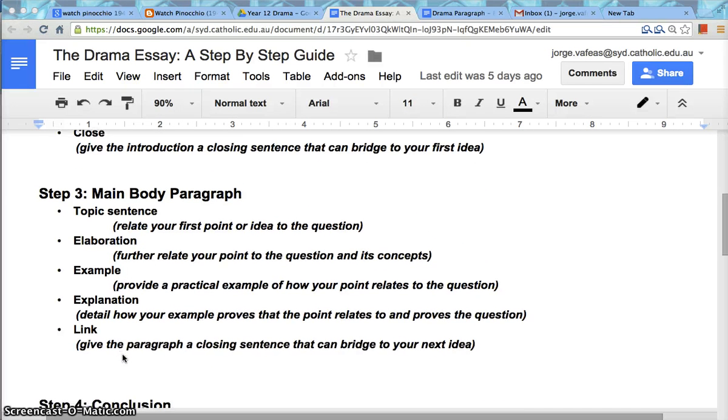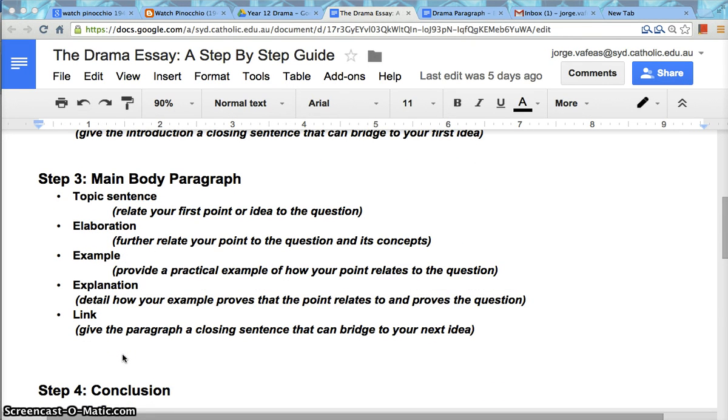Then we move on to the main body paragraph, which follows the Teal method, which you would have been introduced to throughout English and over the last couple of years. I'm going to skip that for now, because I'm going to talk about that a little bit more in greater detail.